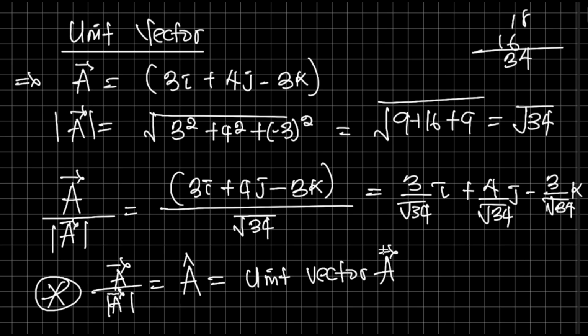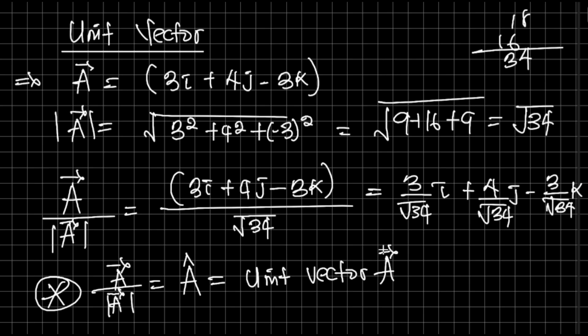You divide the vector by its magnitude, and then the result is called a unit vector. Unit vector is not a particular name, it's just taking the vector over its absolute value.